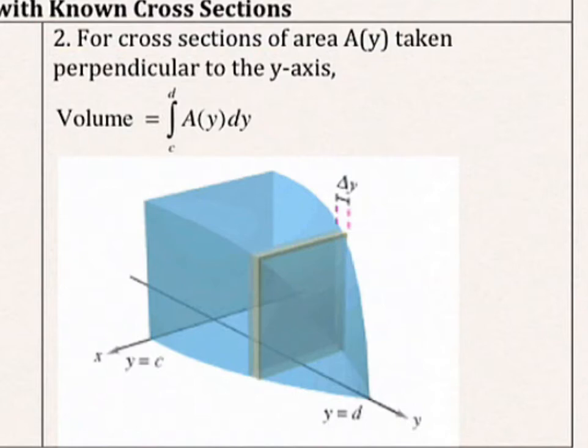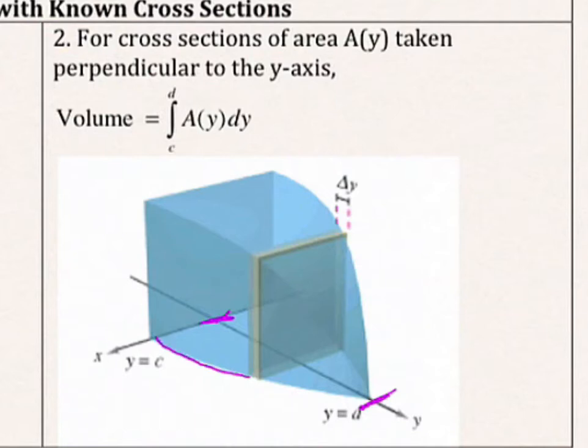For cross sections of area A of y taken perpendicular to the y-axis, the volume here is the definite integral from c to d of A of y with respect to y. Okay, so now c becomes a y value. So it would go from here all the way up to here. So that's the length that we're taking our cross sections of.